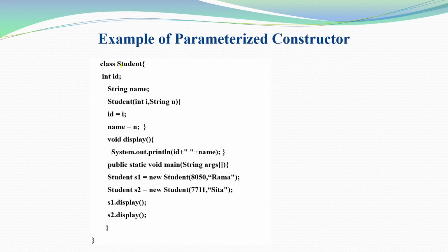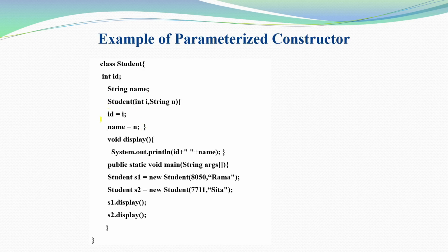Let's understand with an example of a parameterized constructor. So here you can see the Student class has again the same example, that is Student with the id and name. Here I have created a Student constructor where I am passing two parameters, of type integer and string, and I am assigning them to id and name.